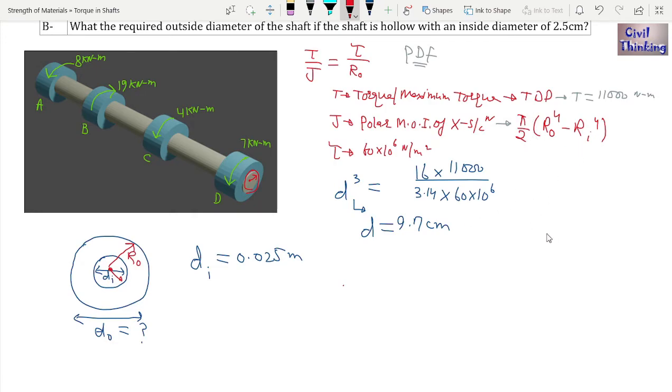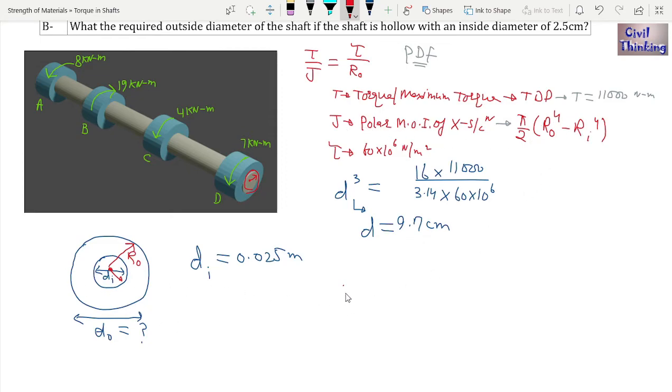And as we found before, tau is the same, 60 multiplied by 10 to the power 6, okay? Now the difference is that the polar moment of inertia is different, because it is hollow. Now if you want to know why it is like this, let me tell you one thing.